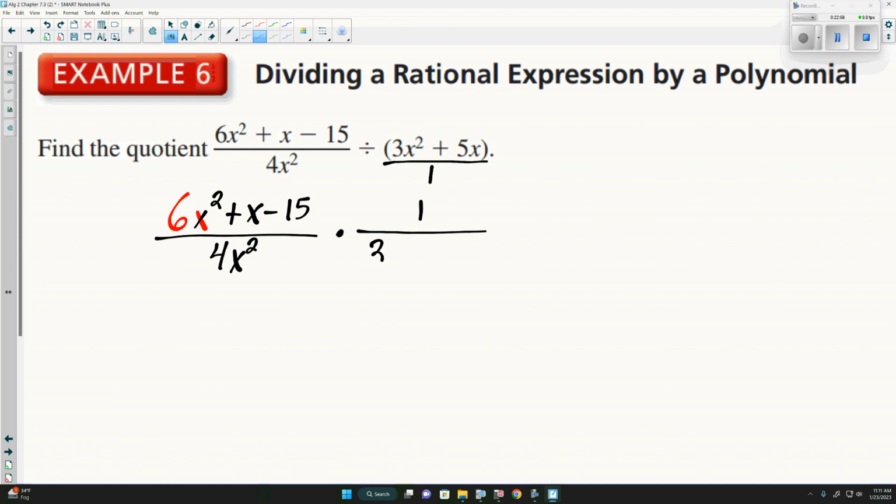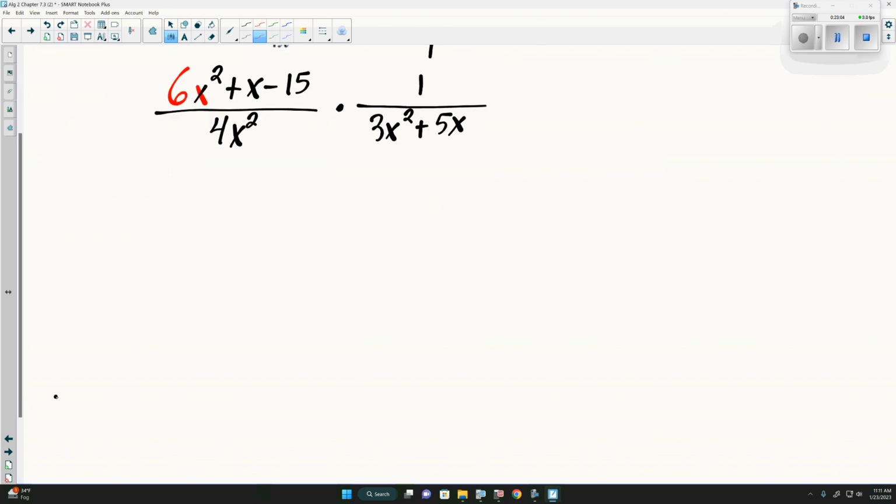And the denominator will be our 3x squared plus 5x.